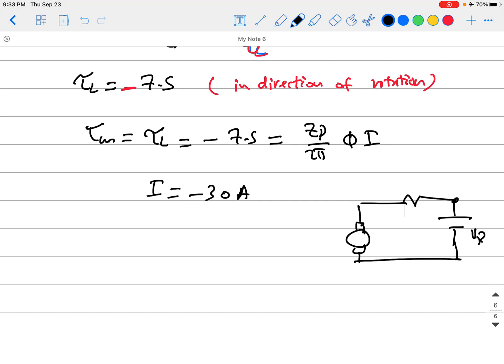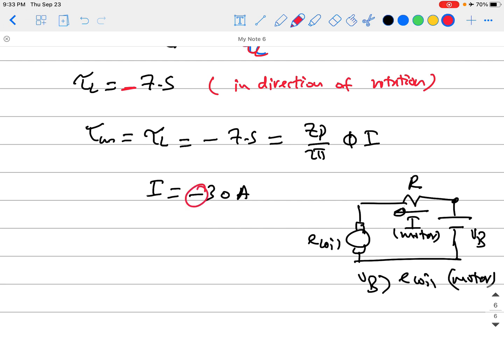That is VB, and that is E coil, and that was the resistance, and that was the direction of the current if you are talking about a motor, like we said before, because VB is higher than E coil for a motor. Okay, but the current now has a negative sign, that means the current is going outside like this, not inside.